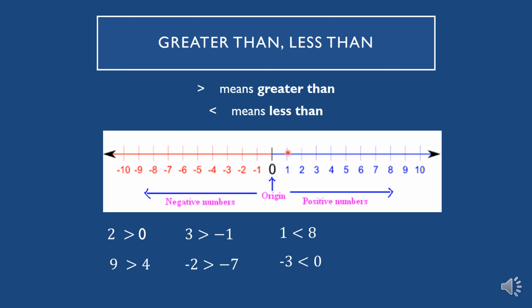The next one, minus 3, is to the left of 0. It's below 0. So minus 3 is less than 0. Next one, minus 10. It's way down here. It's less than minus 4. Yes, it is. There it is. Okay. And minus 4 is less than minus 2. It's to the left. Okay. So take some time to read through those yourself and you'll be practicing them in the written exercises.